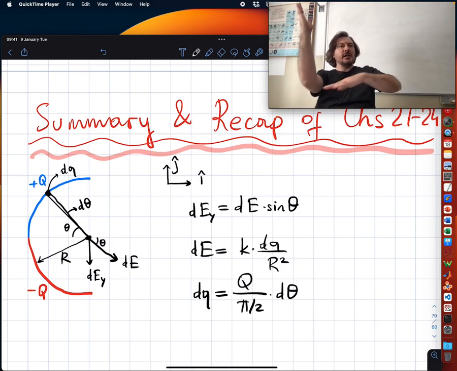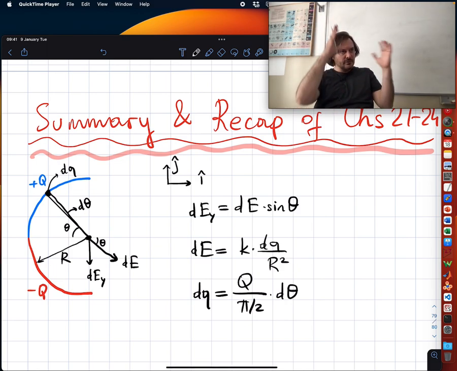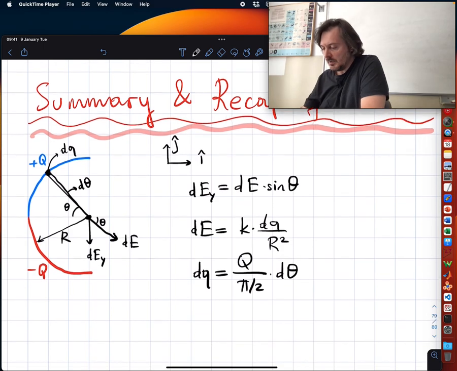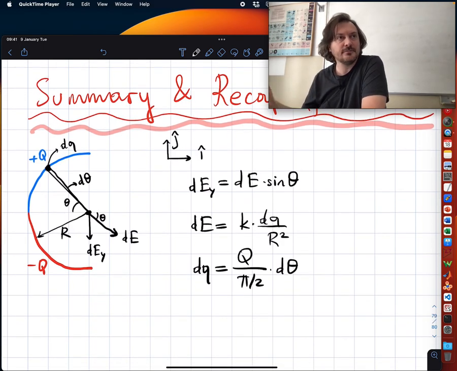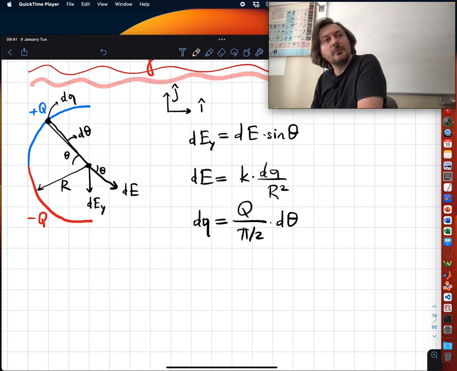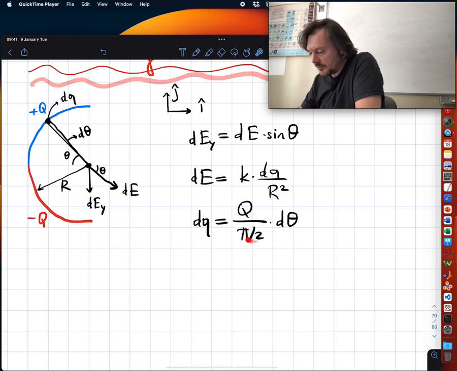Because in pi over 2 you have q, then in d theta you have dq. All right? We didn't even use r here to find dq. But if we were to use the lambda, then we would have pi r over 2 here and d theta over here, and the r's would cancel anyways.